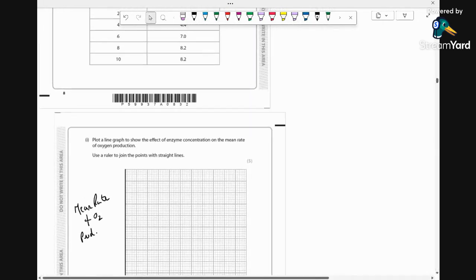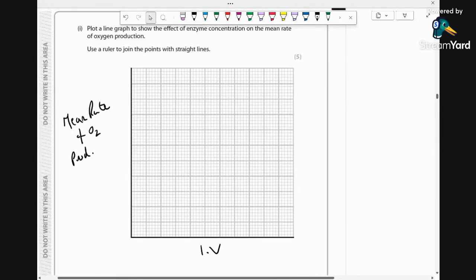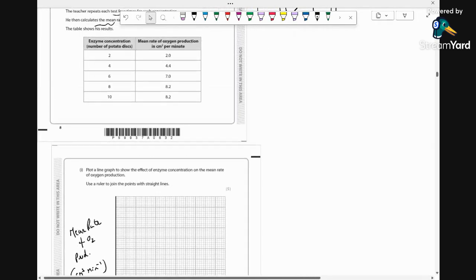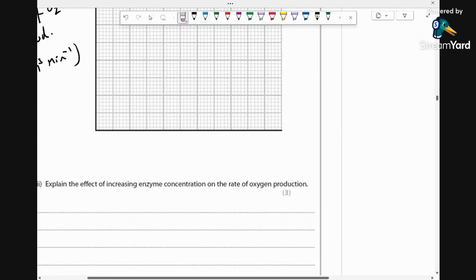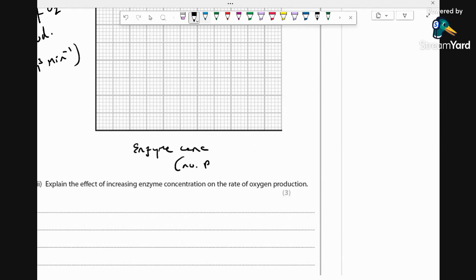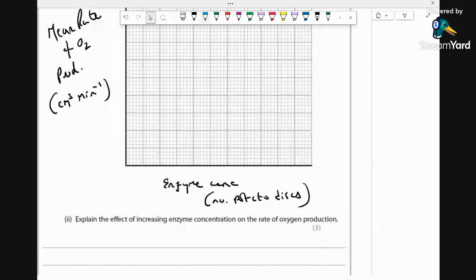And that is going to be centimeters cubed per minute as units. And then we've got enzyme concentration, number of potato discs. So we haven't got an actual concentration.